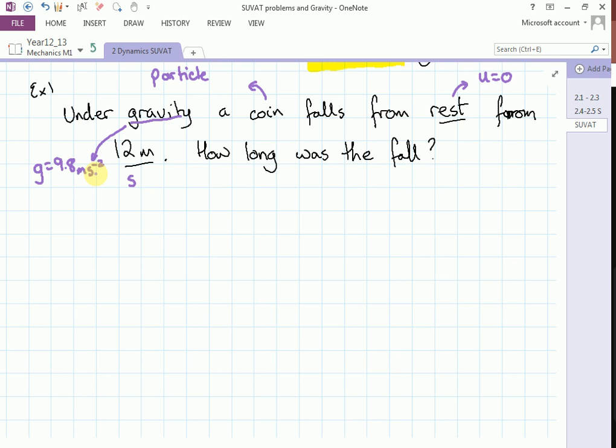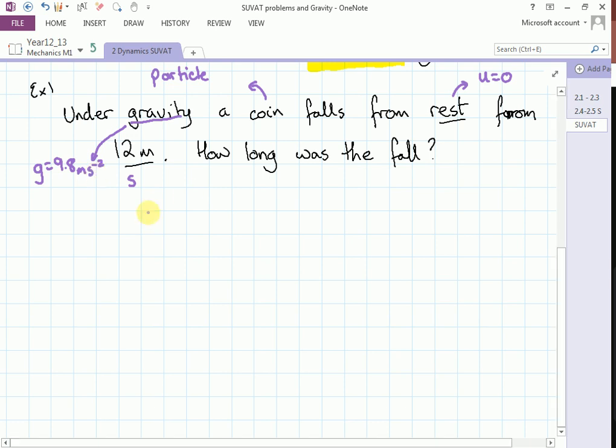It was saying that we are limiting these values to certain limits. So just be careful what value you're using. Partly because if you use the wrong value, half the time the cancellations don't work. If you use 9.81, a number you'll often see in a lot of questions is 19.6. And that's because it's 9.8 doubled.